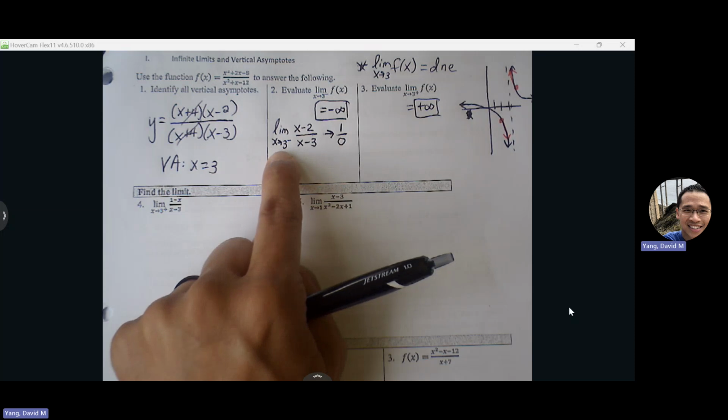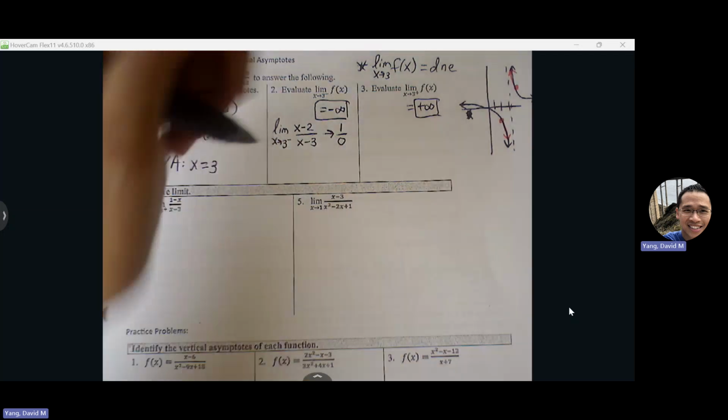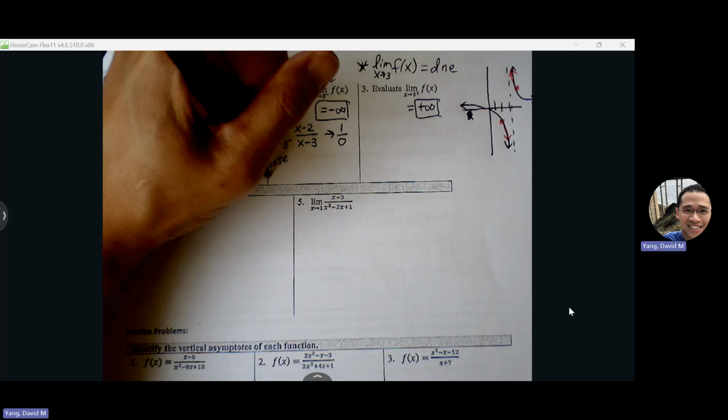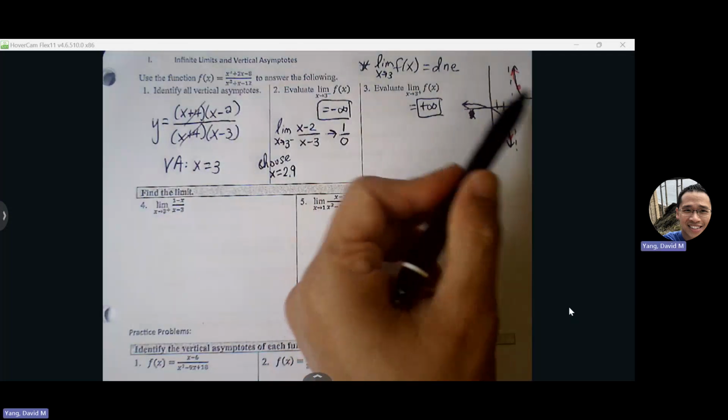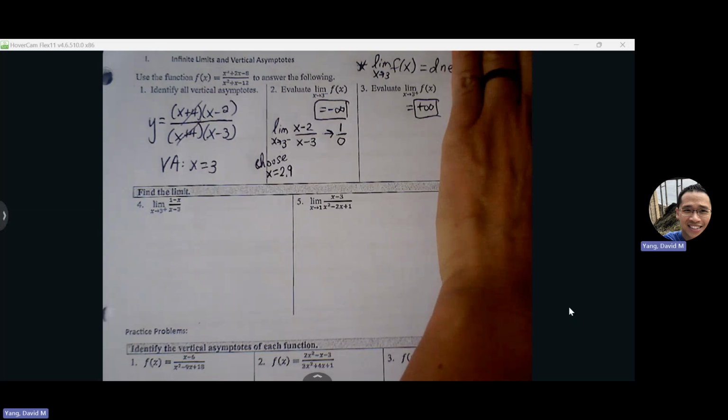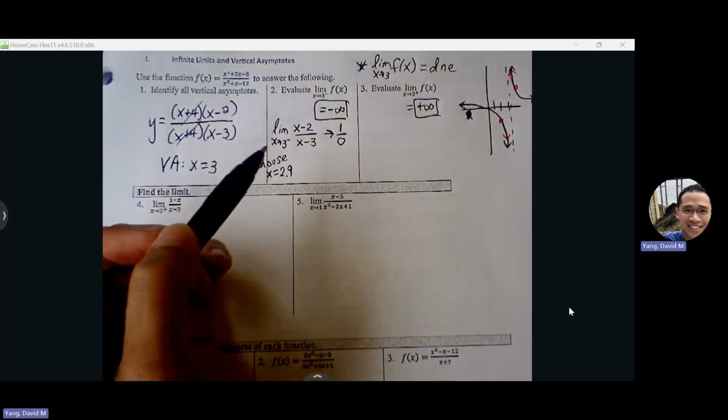So we could choose 2 or choose 1, but sometimes we're not getting as good of a read off those numbers. If we choose a number like 2.9, then we're going to have a much easier time determining what's happening to the graph because we're assuming that we don't have the graph in front of us, okay? And we don't have a graphing calculator.